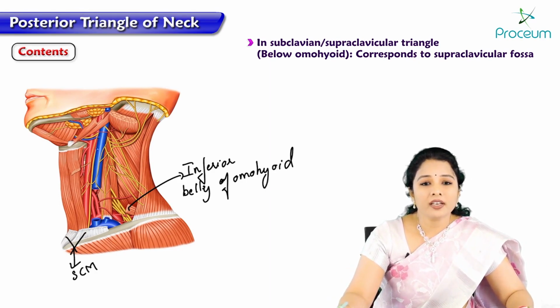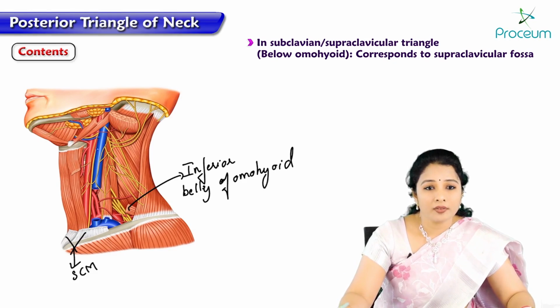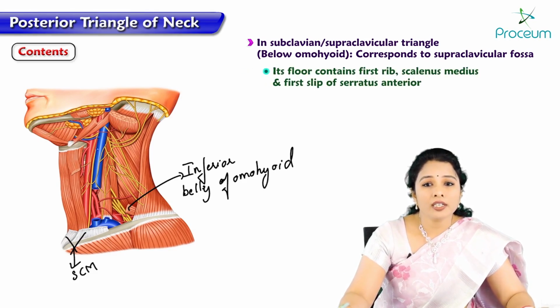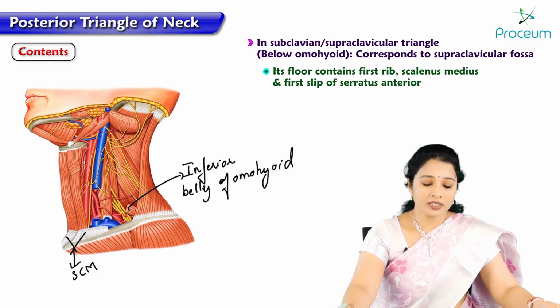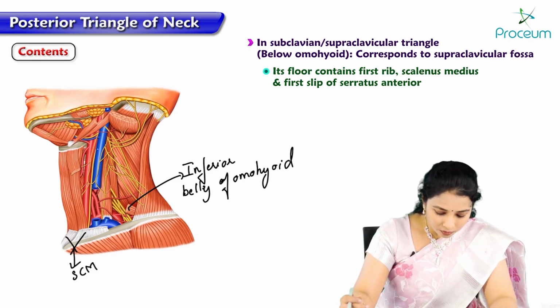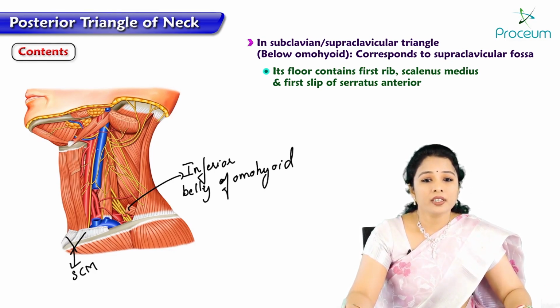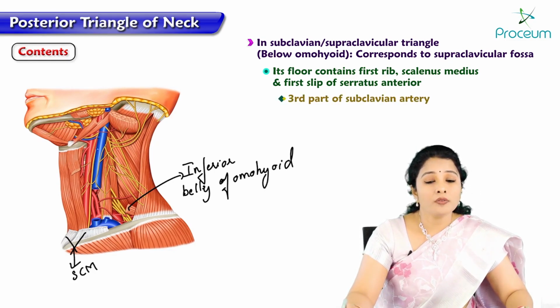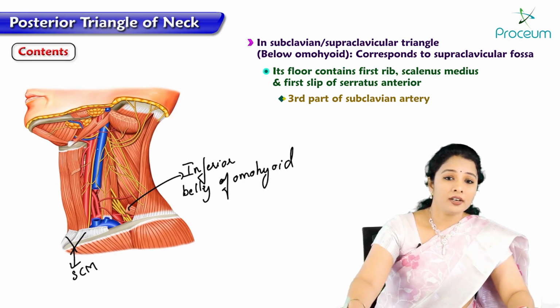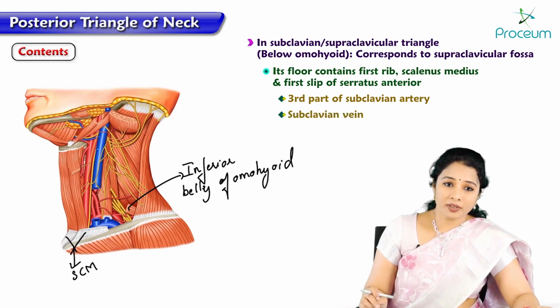The subclavian triangle corresponds to the supraclavicular fossa, and its floor contains the first rib, scalenus medius and the first slip of serratus anterior muscle. The floor is not well appreciated, but we can see the contents here. The contents are the third part of the subclavian artery and the accompanying subclavian vein.